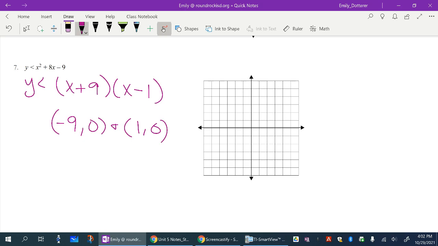So if you can factor it and find your x-intercepts really quickly, that's a completely valid way to get points. And it can also make graphing way faster. So there's a point, there's a point.